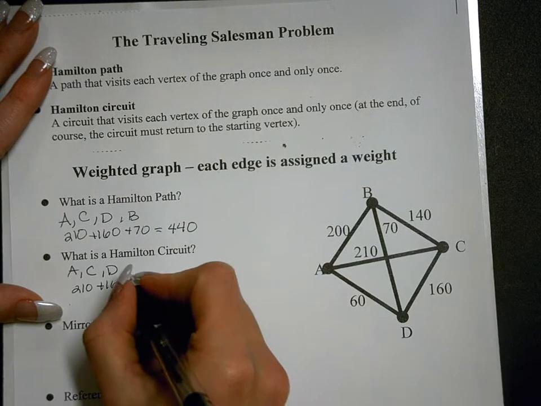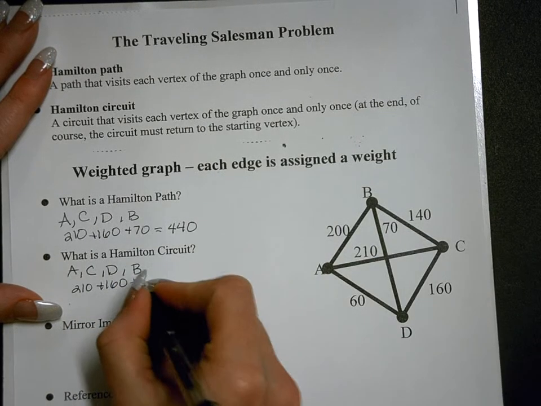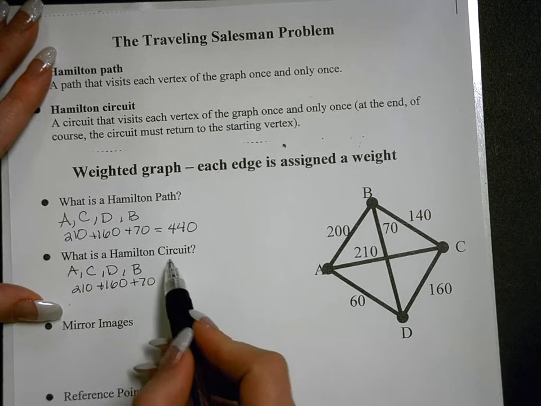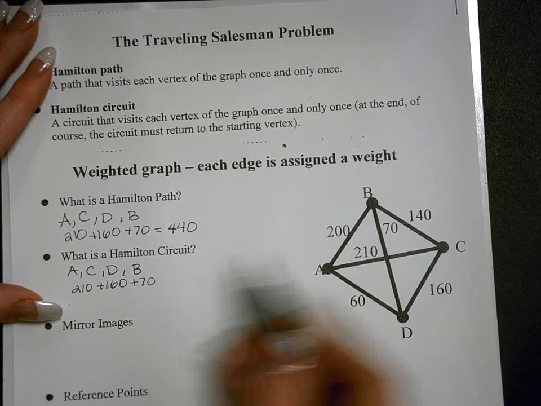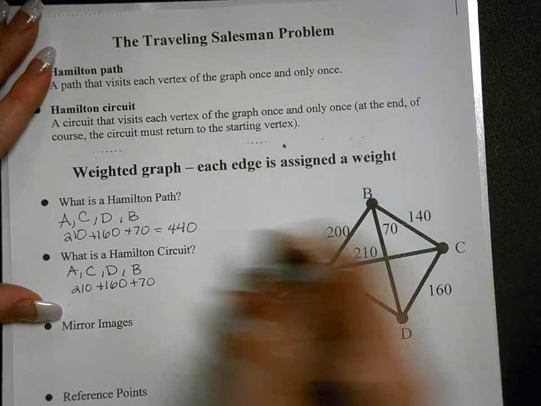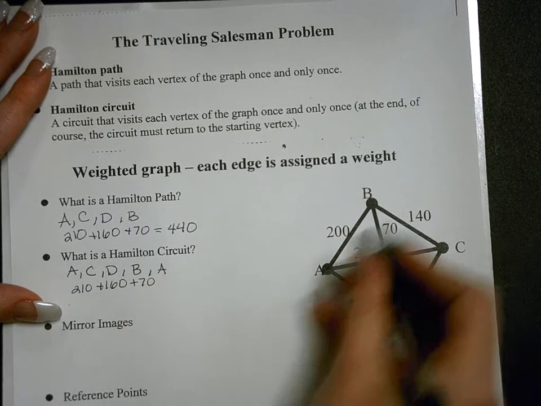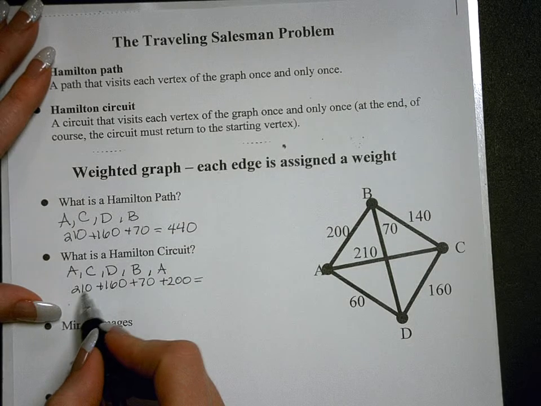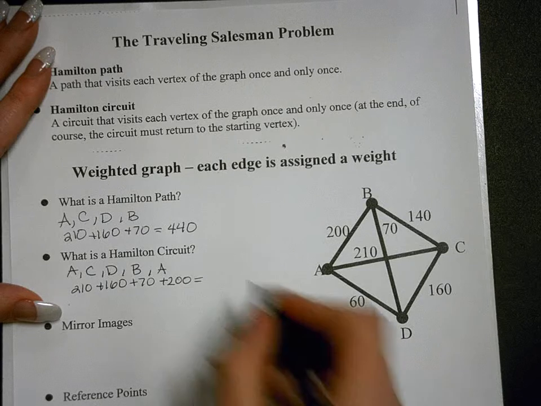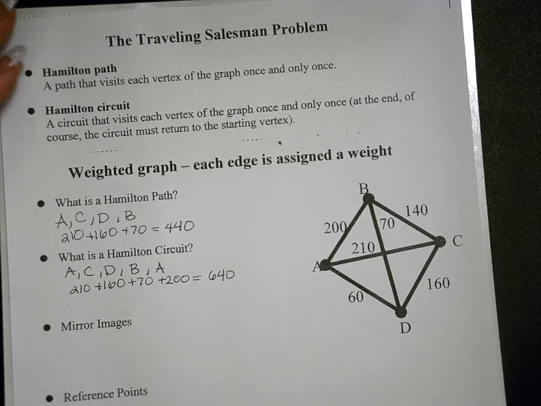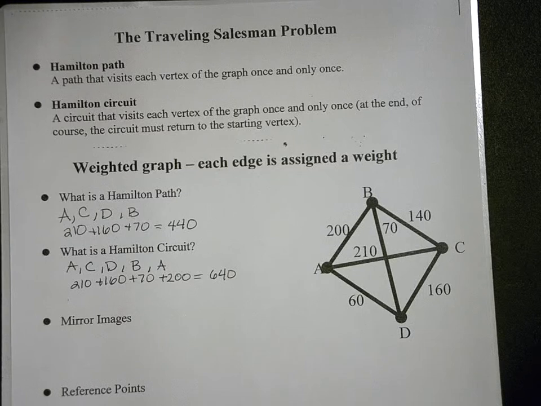And from D, we're going to go to B, which was 70. Now, we've been to every vertex, but to make it a Hamilton circuit, we have to go back to our starting vertex. So from B, we go back to A, and that would be 200. So the total would be the original 440 plus 200, which would be 640. That would be the weight of that particular Hamilton circuit.